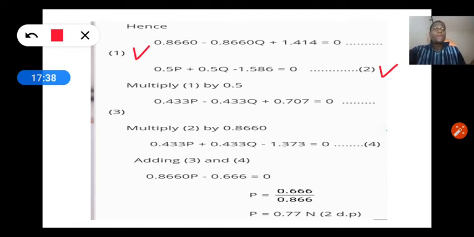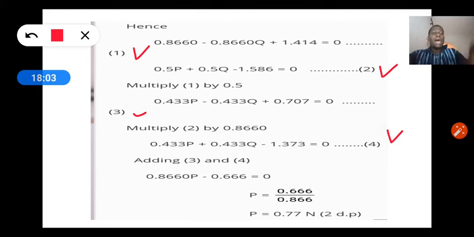Now I'm multiplying through. We are using the coefficient of Q. Multiply equation 1 by 0.5, and we obtain equation 3. Multiply equation 2 by 0.866, I have equation 4.